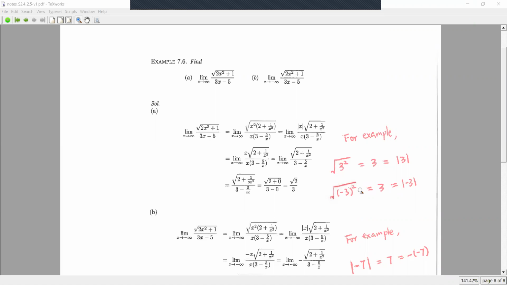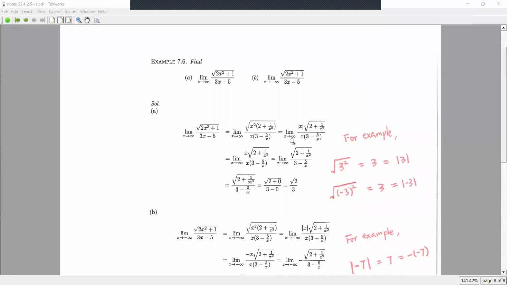However, when we take the square of negative 3, then take the square root, from a calculator, the answer is also positive 3 rather than negative 3. So when we cancel square and square root in this case, don't forget to add an absolute value on negative 3 to make sure this number is positive.